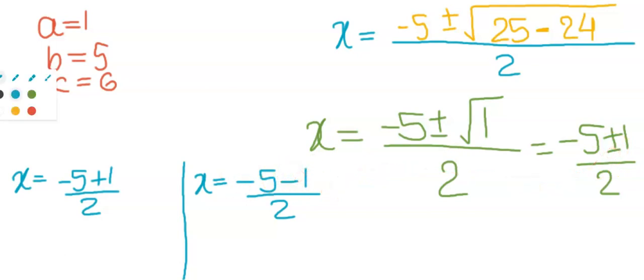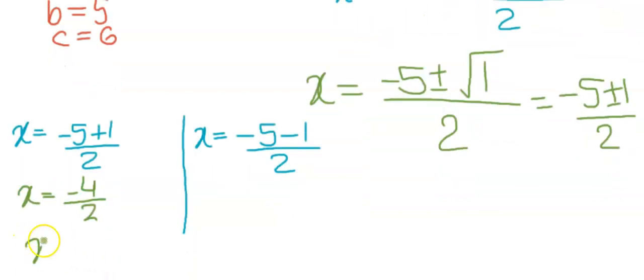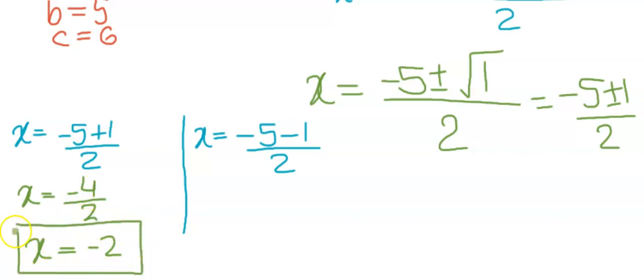So one time with a minus, one time with a plus. Then that will give me x equals minus 5 plus 1 is minus 4. What is minus 4 over 2? Minus 2. Because 1 is positive, 1 is negative. If the sign is opposite, the answer is negative. So I got negative 2.